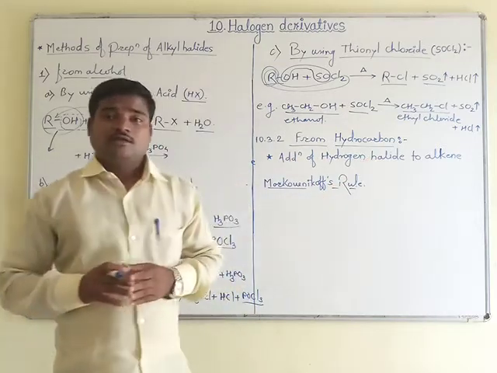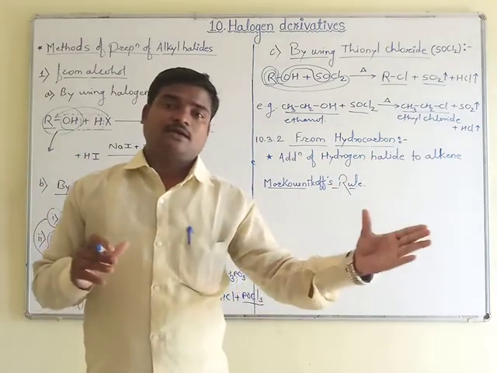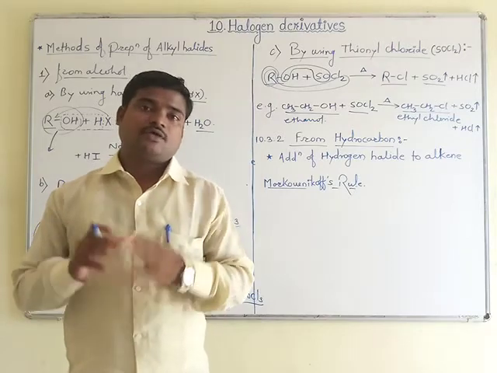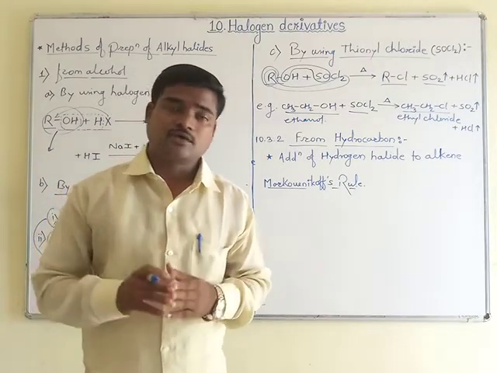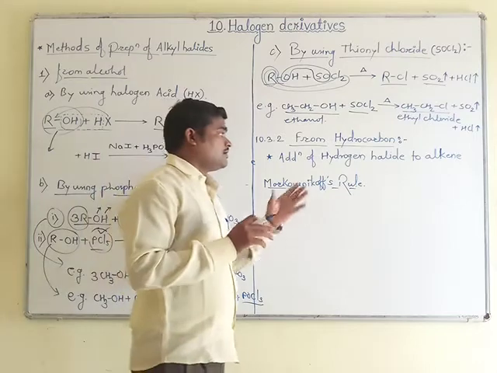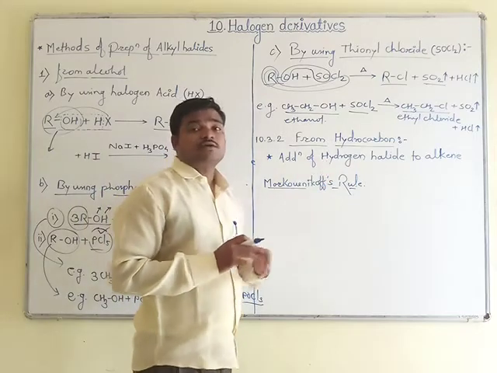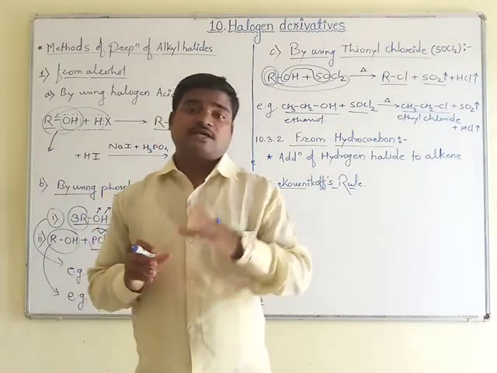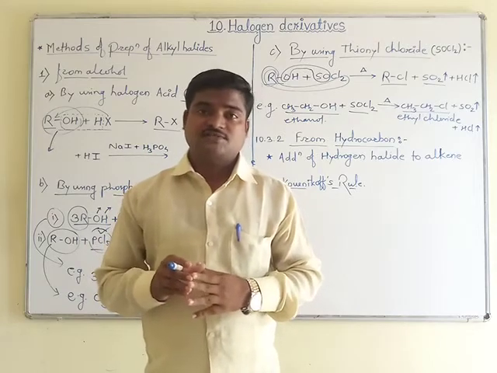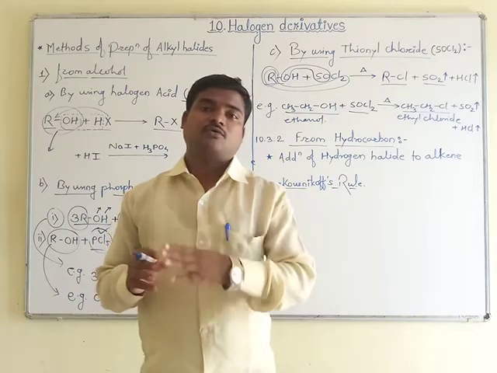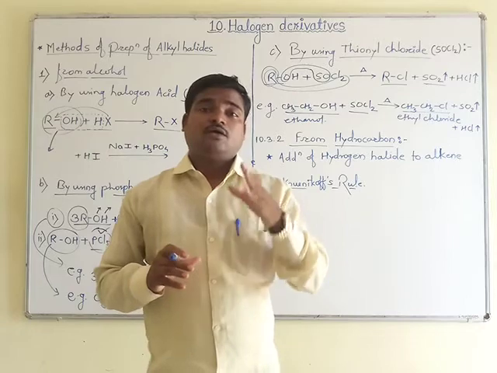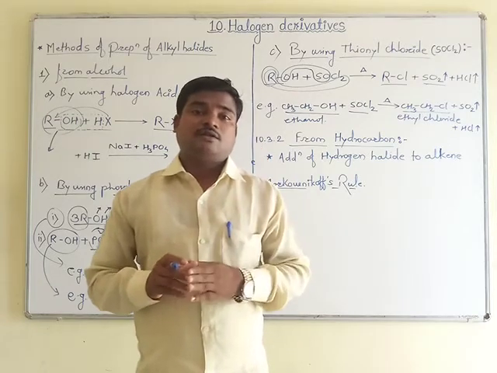Now alkene is of two types, symmetrical and non-symmetrical, or we can say asymmetric alkene. If you look at the addition, it will take place according to two rules, that is Markovnikov and anti-Markovnikov rule.